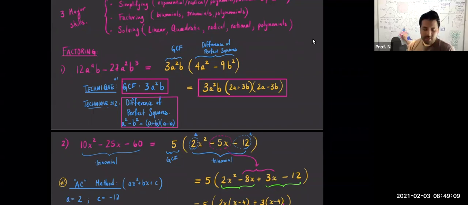You're saying it's correct because you're distributing this back, right? And you get exactly what we started with. So this is correct. Do you see that? Remember, whenever you talk about the GCF and look at the different terms, you always look for the smallest exponent.